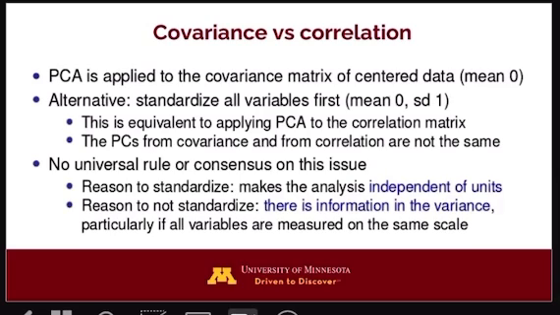But the moment they have different units, because we don't want a situation where a particular feature dominates because of its range, its units, or its scale, we use correlation. Correlation is what you get when you modify covariance. So we can choose between covariance and correlation depending on the nature of the features, whether they have the same unit or not.